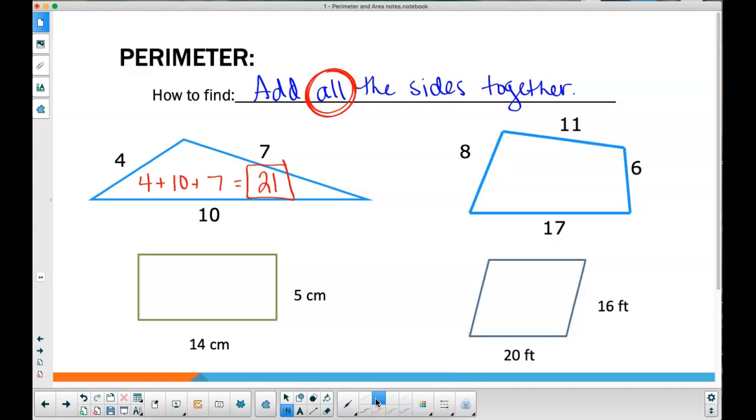What do I do? 42. Does it matter what order you put the numbers in? No. Doesn't really matter. You're just adding them all up. Here's where we tend to make mistakes. Perimeter is easy. But for some reason, 7th graders get this one wrong all the time.